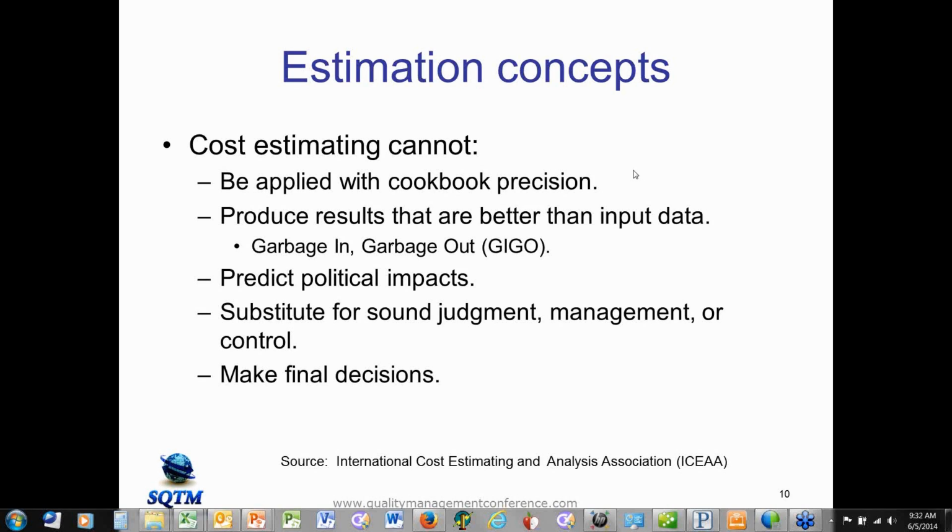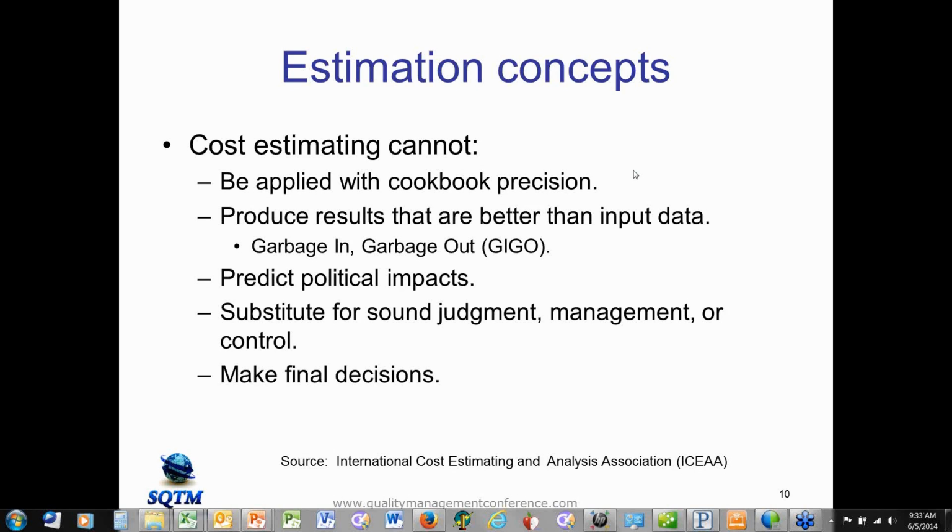The process of coming up with the curves is relatively straightforward. First of all, in general, most of the estimating models use a power function.